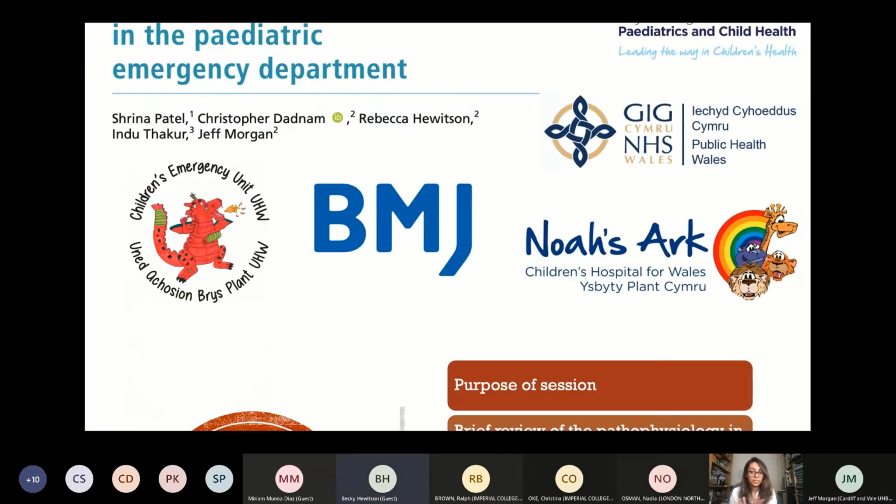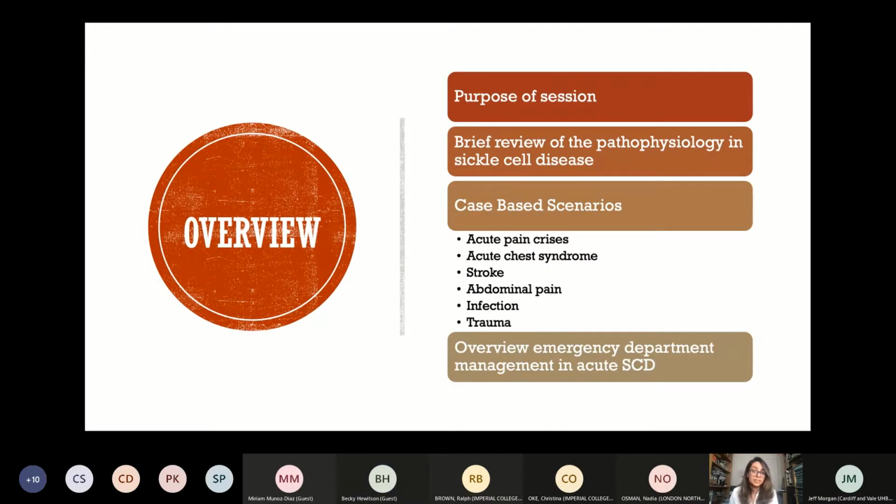So what we're going to do today is look at the purpose of this session, why we've all come together, review some very basic pathophysiology in relation to sickle cell, and then look at scenarios. We're going to look at acute pain crisis, chest syndrome, stroke, abdominal pain, infection and trauma, and we're going to split these cases up. And then at the very end, we're going to look at a brief overview of how to manage acute sickle cell complications.